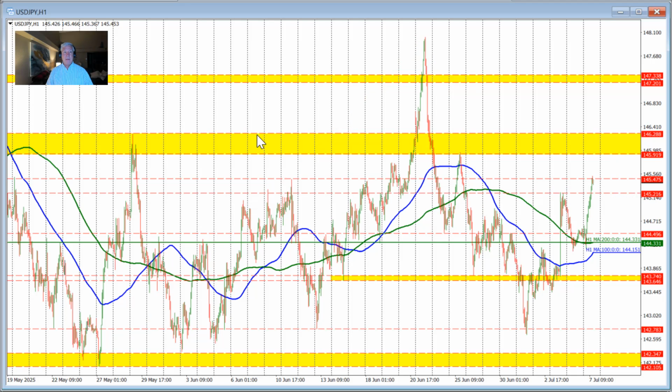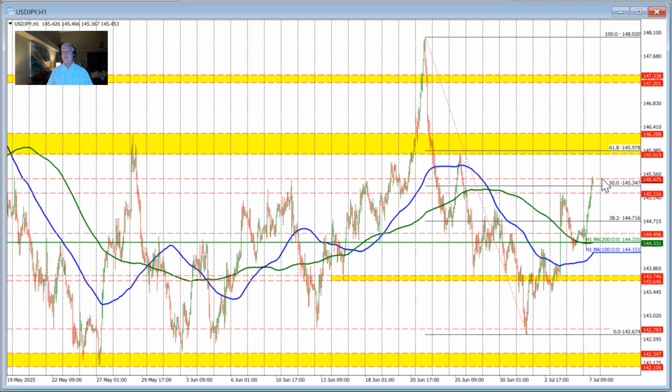That level comes in at the 145.216 level, so be aware of that. I'll put the Fibonacci back in here just to get the idea of where it's at. But 145.34, 145.21 are close support levels for the dollar versus yen.